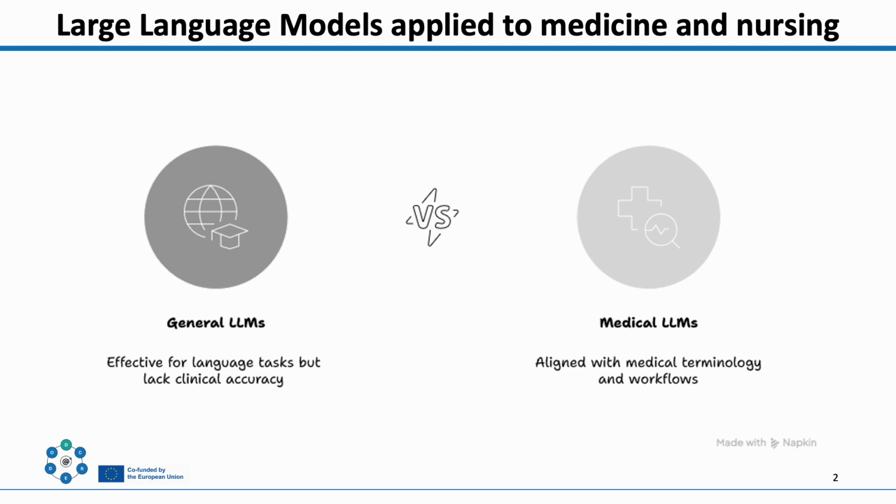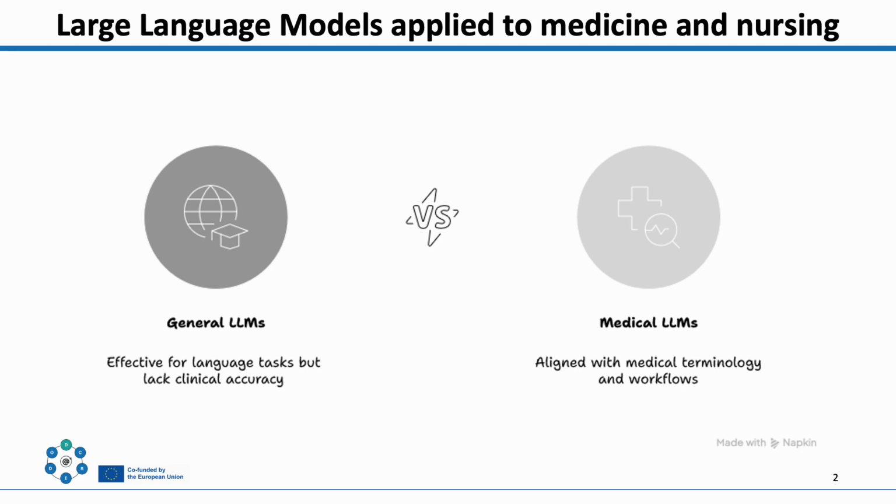LLMs are AI systems trained on vast amounts of text data. They generate responses by identifying patterns in language, not by understanding diseases or patients. Large language models are not all the same, and it is important to distinguish between general and medical LLMs.